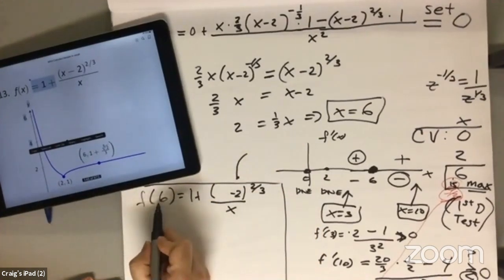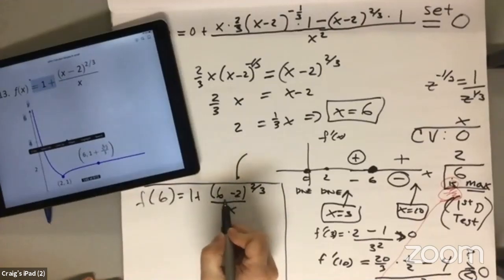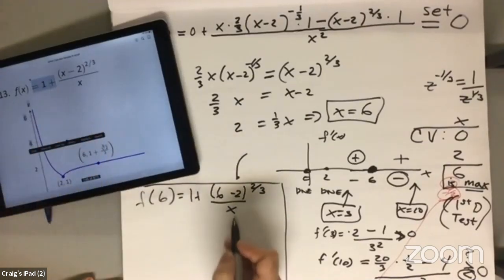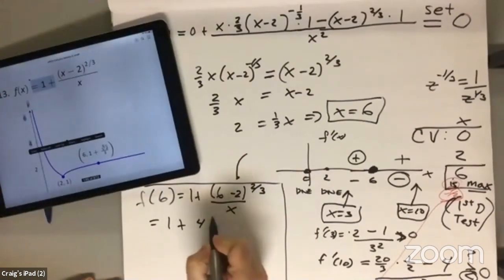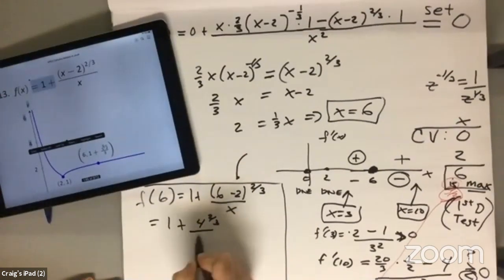So I'm putting in 6 for x, so I just put a 6 minus 2 in here. And so now I just have 1 plus 6 minus 2, which is 4, to the 2/3 power, divided by 6.